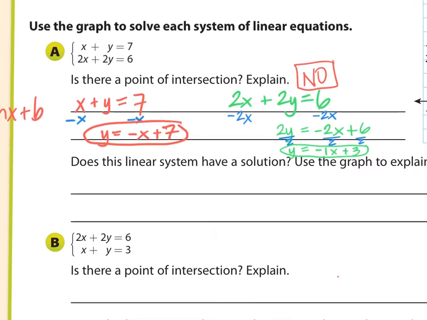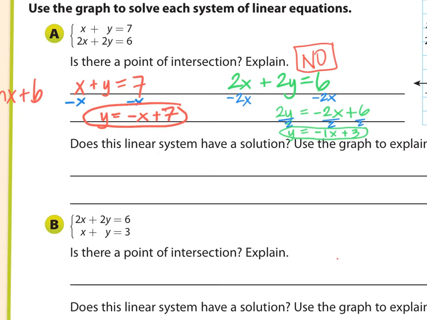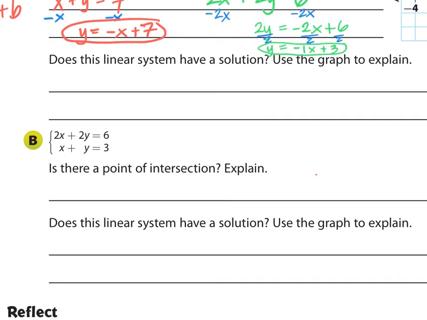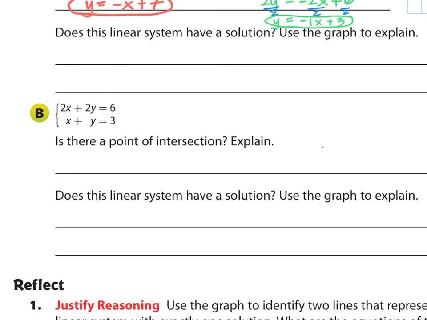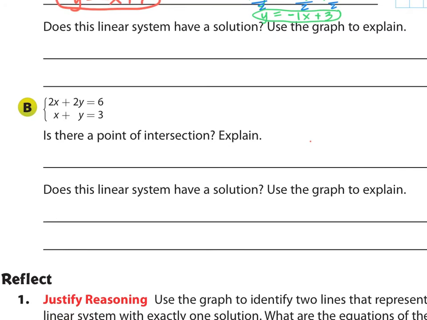Okay, so if we take a look at the next one, part B, the 2x plus 2y equals 6 and x plus y equals 3. Instead of me actually graphing these, I'm just going to show you which ones they actually are. And then we're going to look at what the answer is. Is there a point of intersection? And does it have a solution?